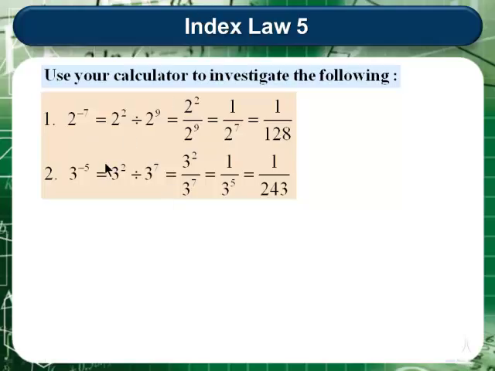If you have a negative index in the denominator, you can make it positive by moving it to the numerator position. Similarly, if we have 3 to the power minus 5, this can be the result of dividing 3 to the power 2 by 3 to the power 7. We can write it in a fractional form. We can cancel 2 factors of 3, and we will end up with 1 over 3 to the power 5.